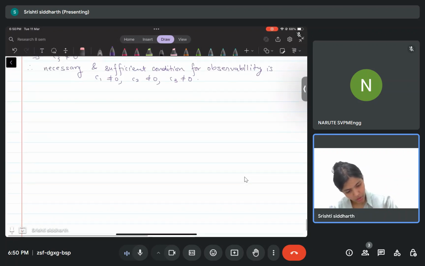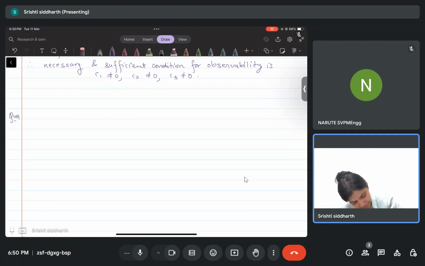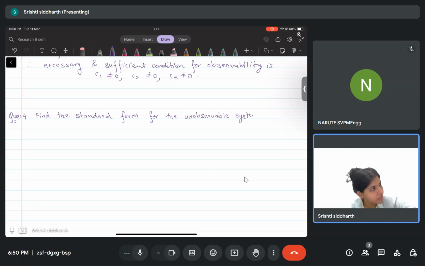This is question 4. We have to find the standard form of an observable system described by the following matrices.